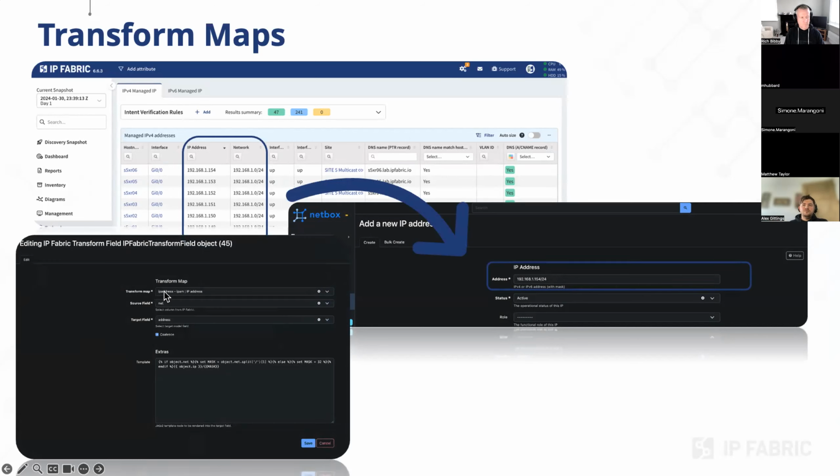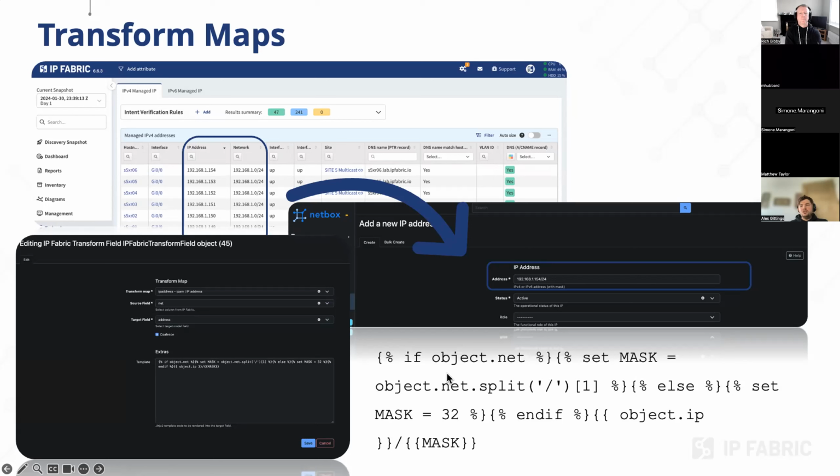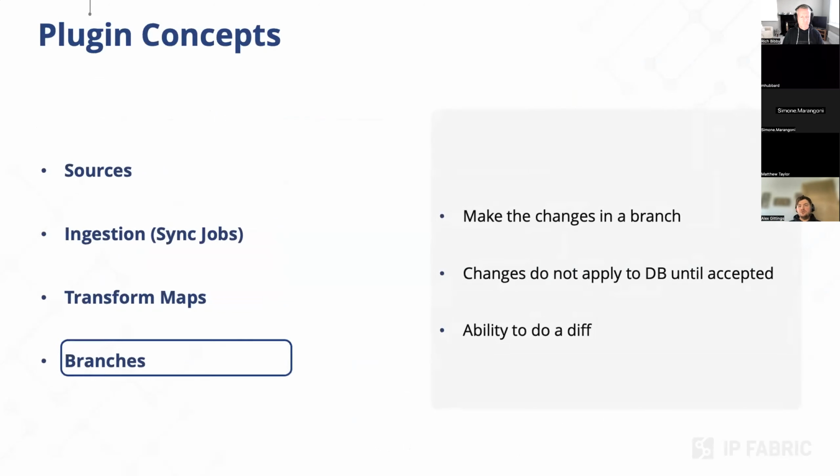First, we specify which transform map we apply a field to, specify the source field in IP Fabric and the destination field in NetBox. And then we can apply some custom Jinja logic to that transformation process to end up with that end result. And we have a default transform map out of the box for the fields we can sync, but they can be as customized as you'd like.